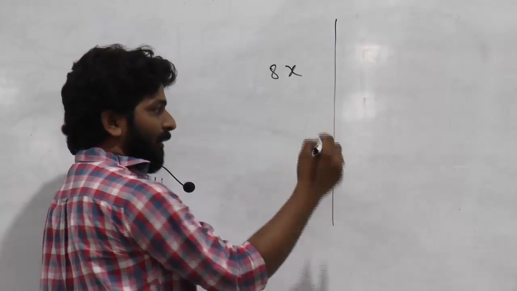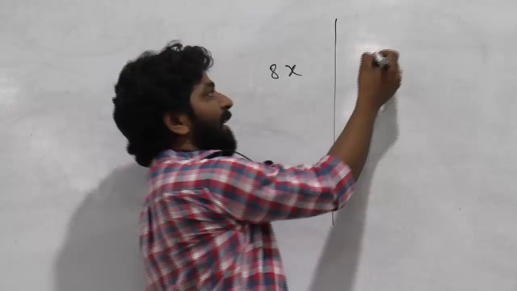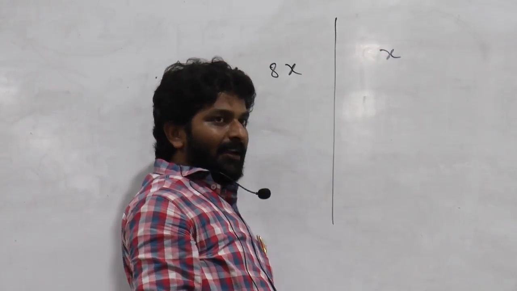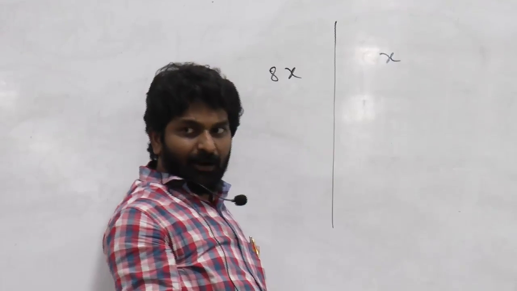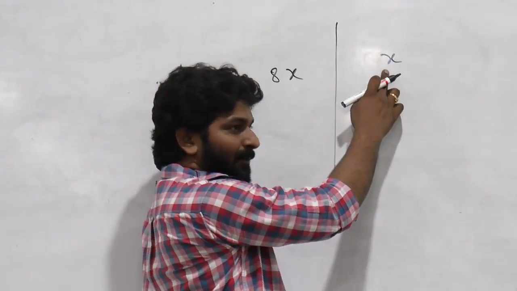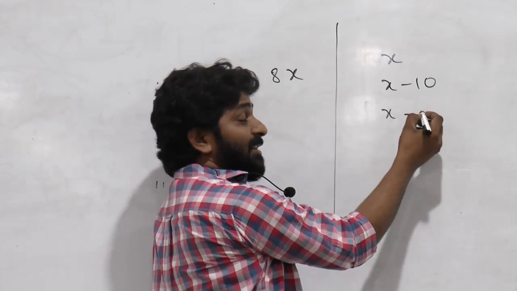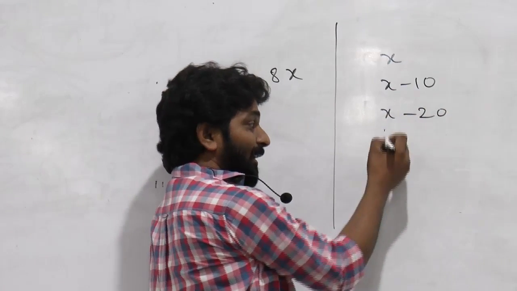Now, on the other hand, X persons started working, but at the end of every day 10 members are going to drop. So on the first day X people will work, second day X minus 10, third day X minus 20, like that.